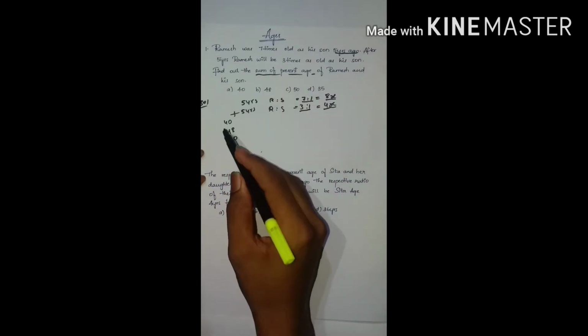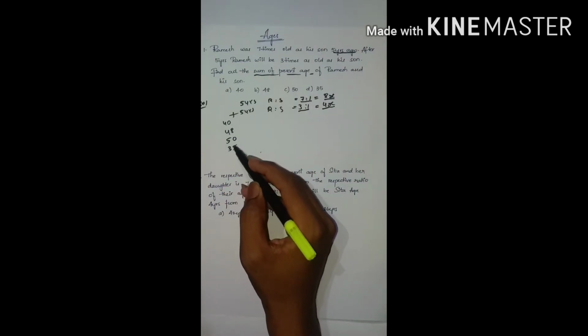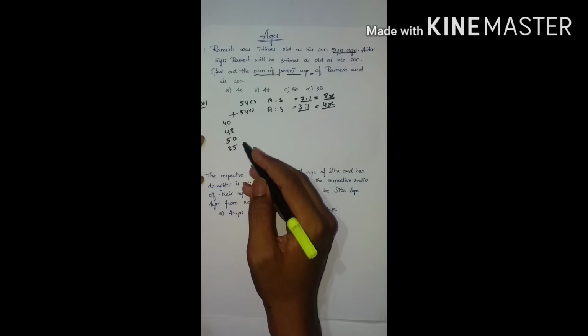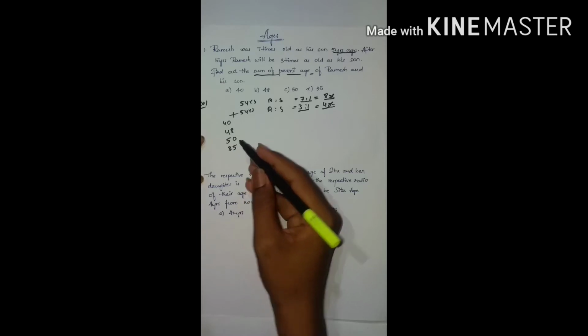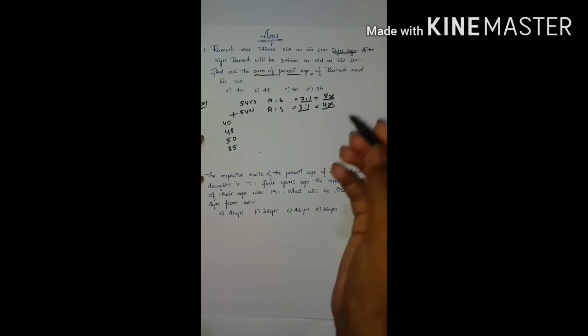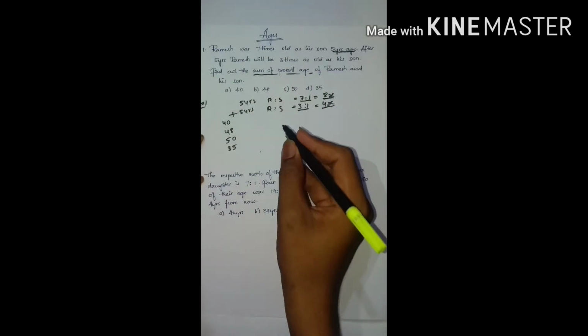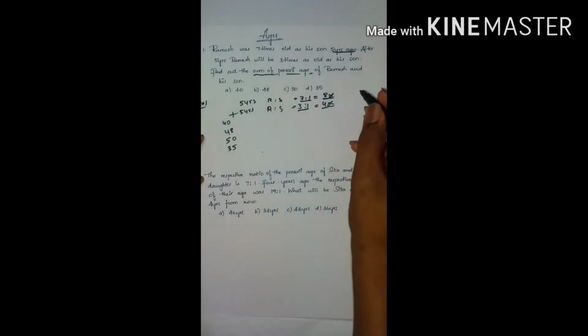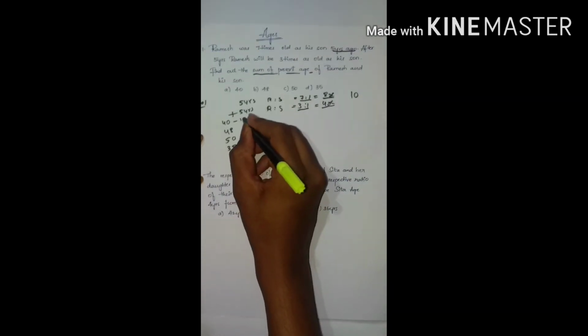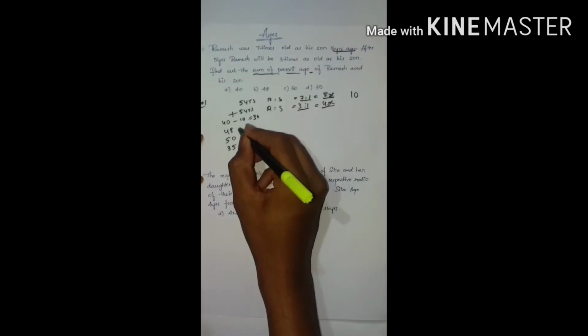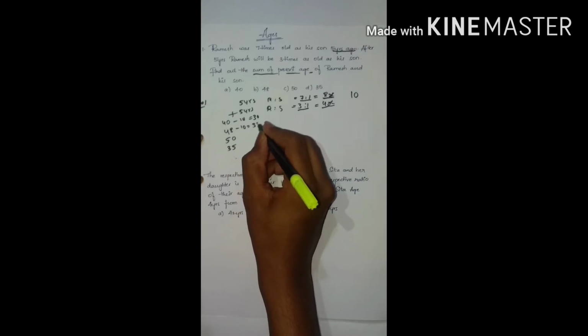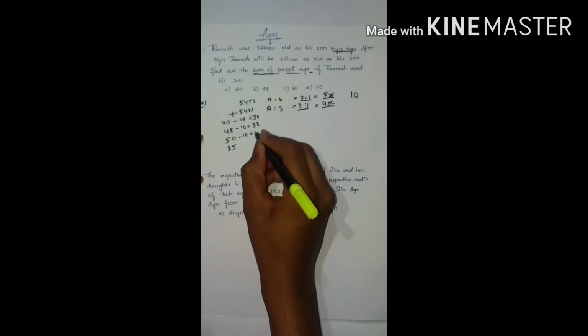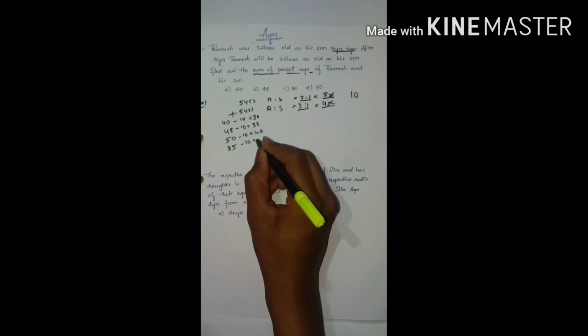That means the options given are 40, 48, 50 and 35. So 5 years ago the sum should be a multiple of 8. That means subtract 5 from both Ramesh's and his son's age, so we have to subtract 10 directly. That means 40 minus 10 equal to 30, 48 minus 10 equal to 38, 50 minus 10 equal to 40, 35 minus 10 equal to 25.